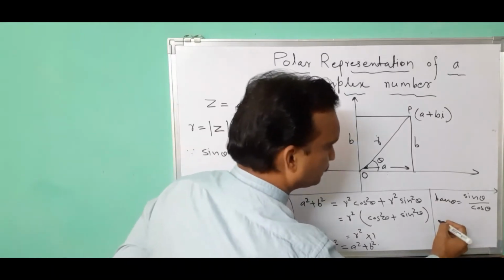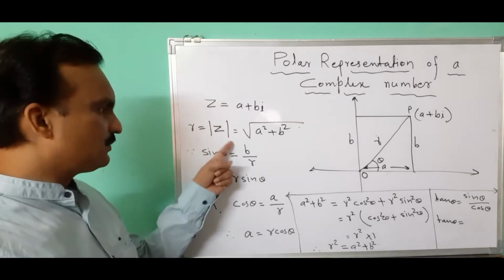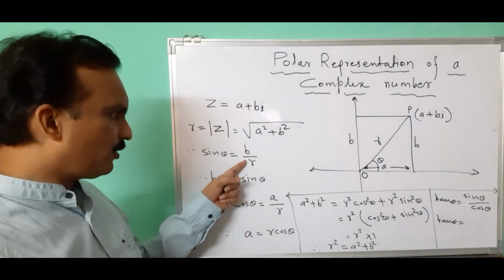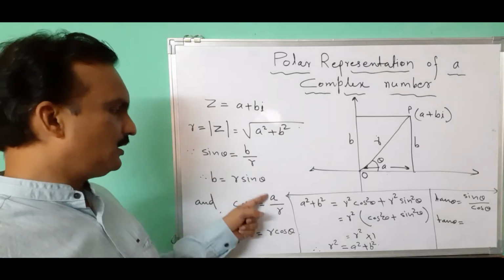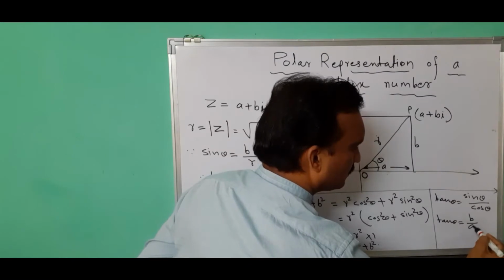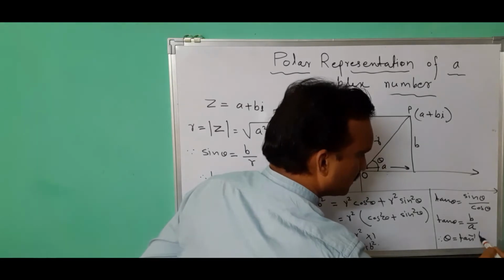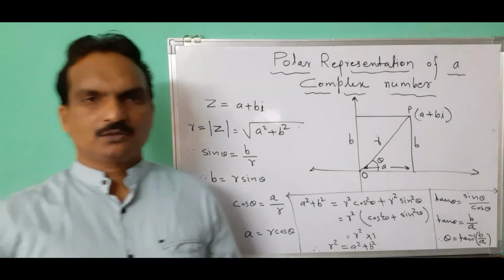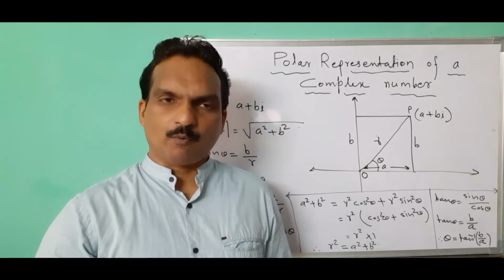So tan theta is equal to sine theta, which is b upon r, upon cos theta, which is a upon r. So b upon r upon a upon r. So r and r will get cancelled. What you will get? b upon a. So theta we can find out as tan inverse of b upon a. Okay, so the value of theta also we can find out with the formula tan inverse of b upon a.